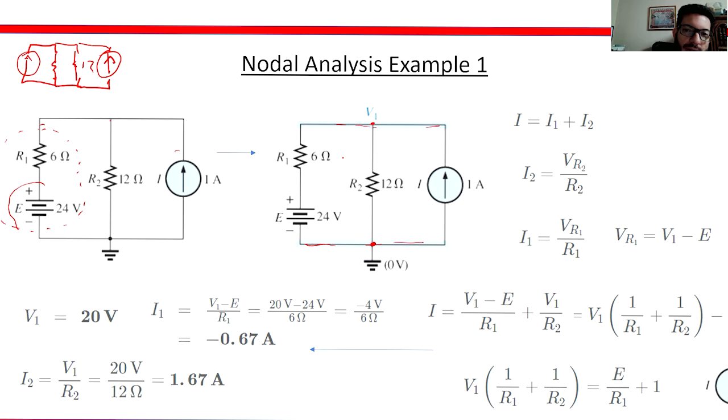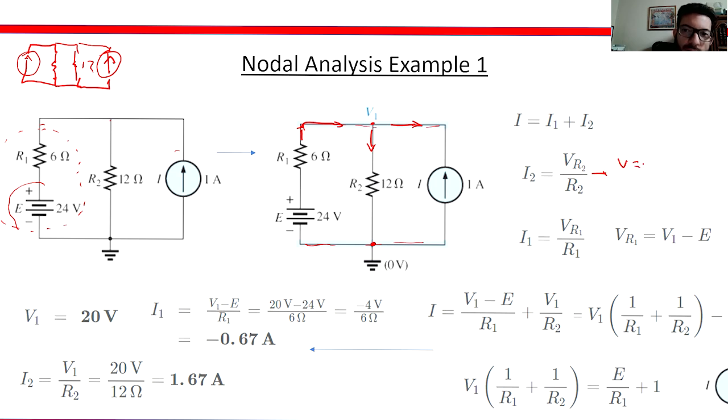So if you go ahead and notice how many currents we have, we have the main current, and we're going to have one current here, one current through here, and one current through here. So there's going to be 3 currents. Okay, so I2 is the voltage drop through resistor 2 over resistor 2, right?